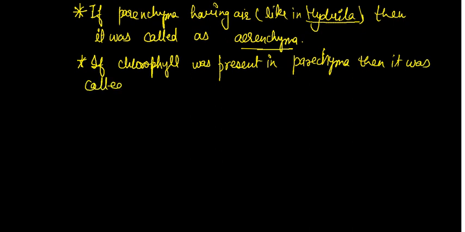This is important because sometimes the question asks whether parenchyma helps in the process of photosynthesis. The answer is yes, when chlorophyll is present inside it. So this is all about parenchyma.